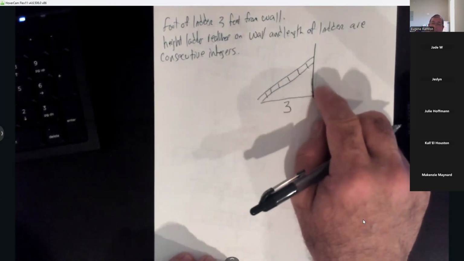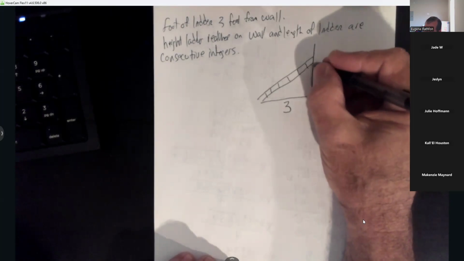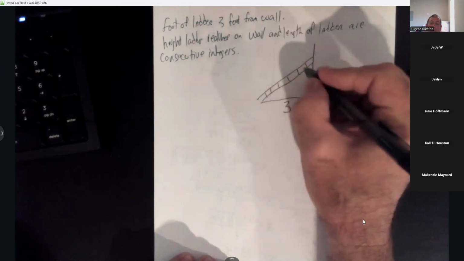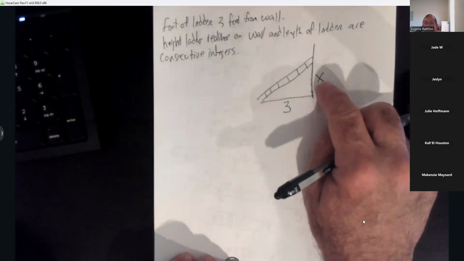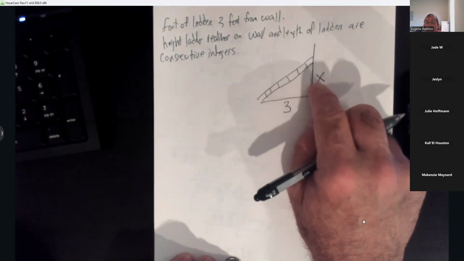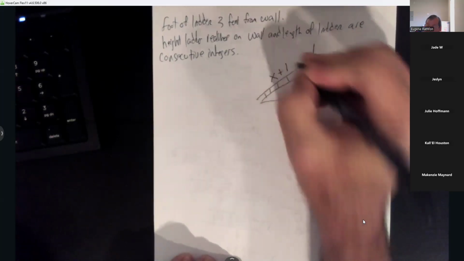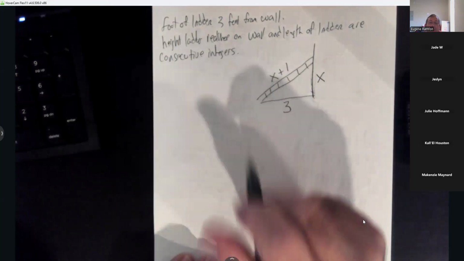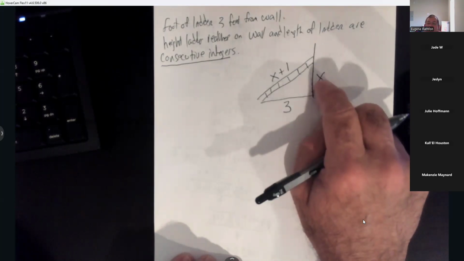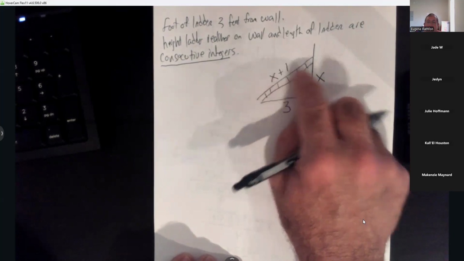So if I let the height the ladder reaches on my wall be x, then the length of the ladder is x plus 1, because to go from one integer to the next one, I add 1. And y'all, that's what they mean when they say consecutive integers. x plus 1. 5 plus 1 will make that 6, okay?